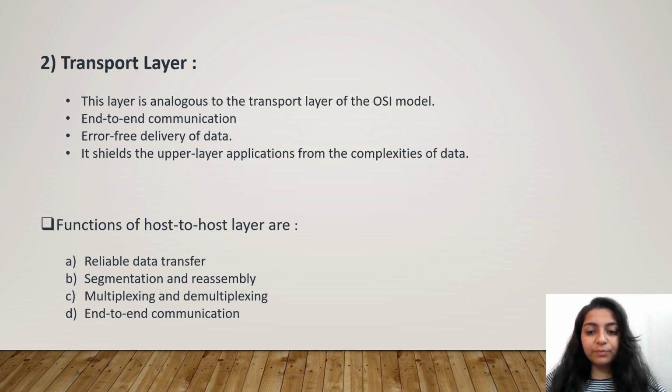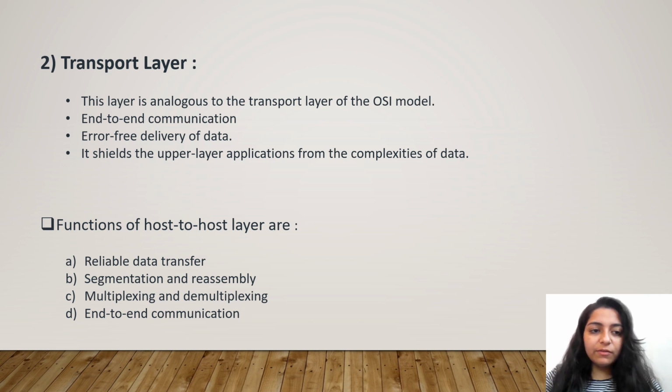End-to-end communication: this layer provides a connection-oriented service. What does this mean? It allows both the hosts, the sender and receiver, to communicate with each other end to end, without the need of any intermediate devices.